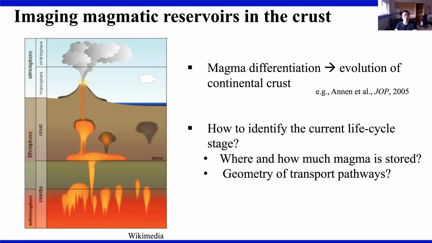The first thing I want to show is this cartoon figure. It's very simple, but it illustrates the major interesting things a volcano has. The first thing is the source, which depends on the tectonic setting you are sitting on. But no matter the setting, you generate pretty primitive melts in the deep parts.